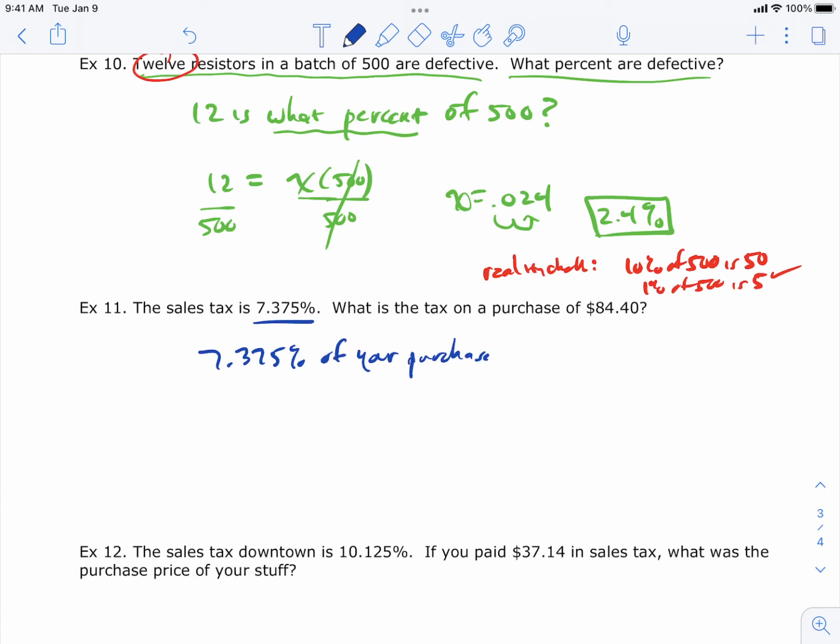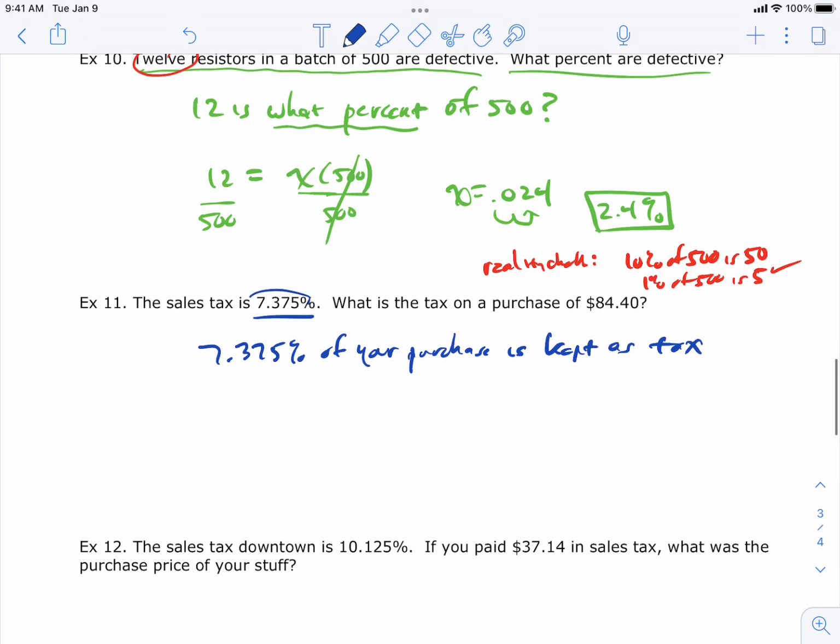You always want to try to make some kind of a little phrase that has maybe an of and an is in it. If you can take what they say and translate it to something that says, okay, so what is what then? Well, I know that 7.375% of my purchase is going to be my tax, right? So I wrote it out.